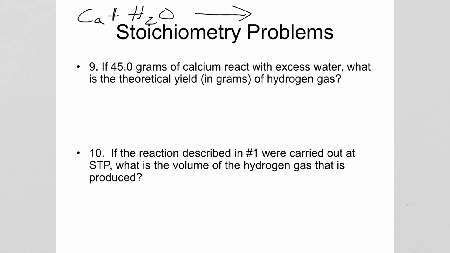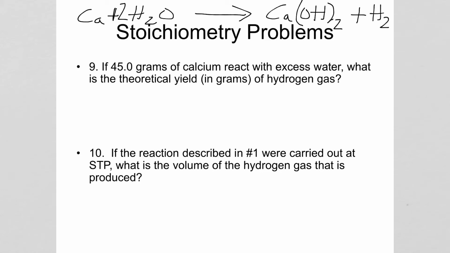Metals react with water to give you metallic hydroxides. So the metallic hydroxide here is going to be calcium hydroxide, plus hydrogen gas. Well, we need to balance this equation, and it looks like to balance it we need to put a 2 right there. So there's our balanced chemical equation.